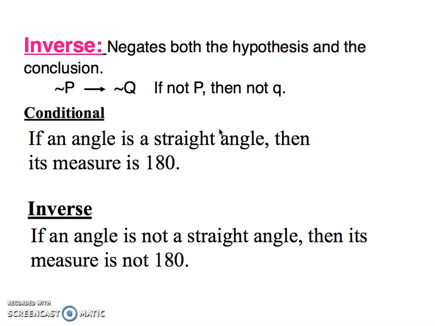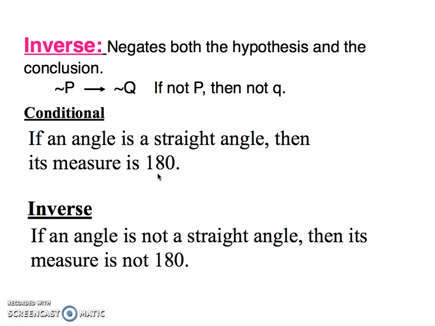So here's our original conditional statement that we started working with. If an angle is a straight angle, then its measure is 180 degrees.